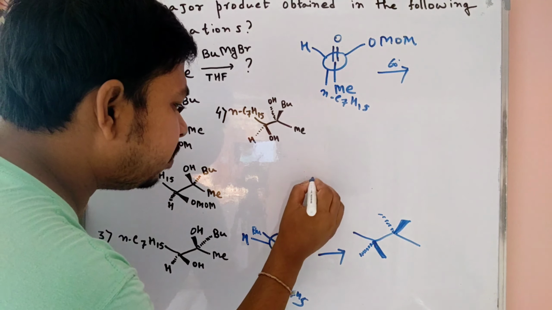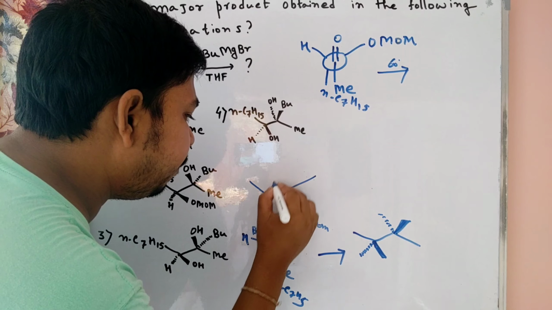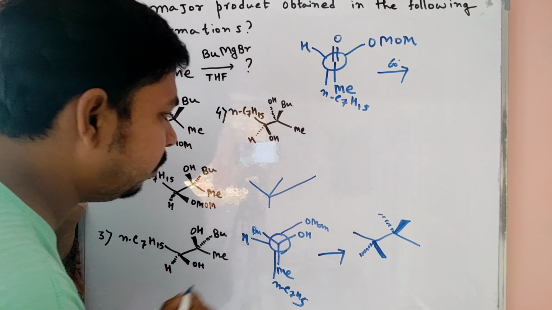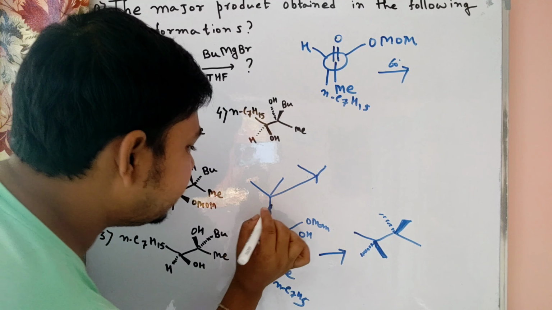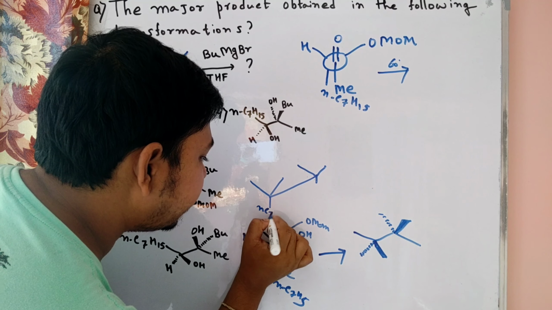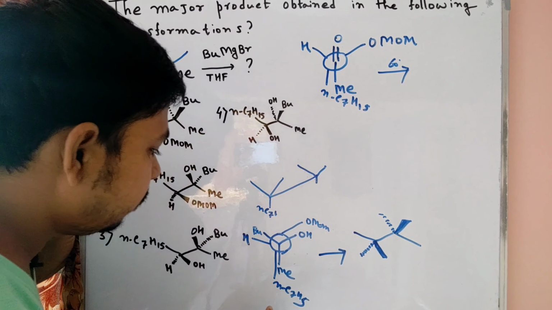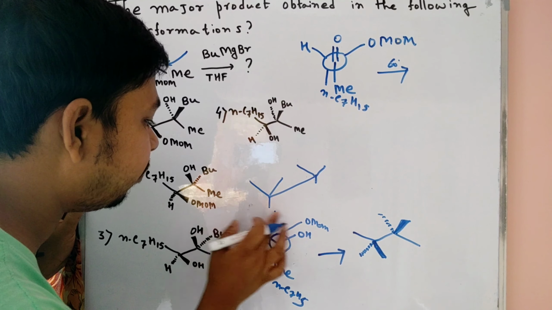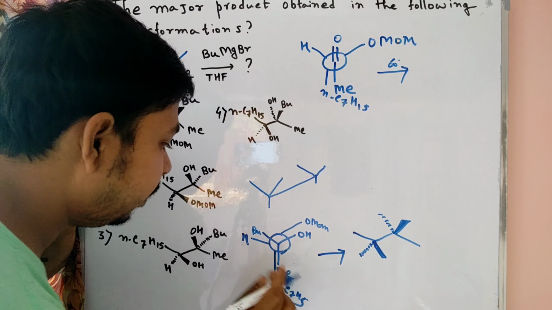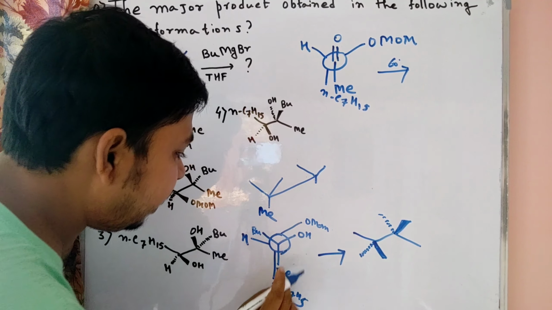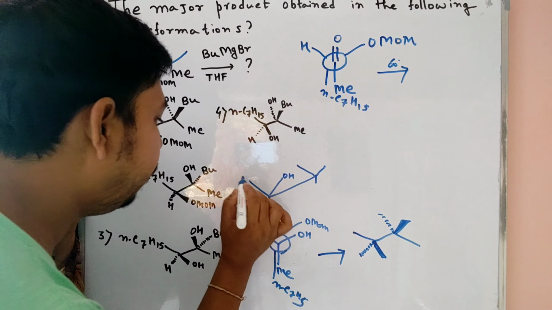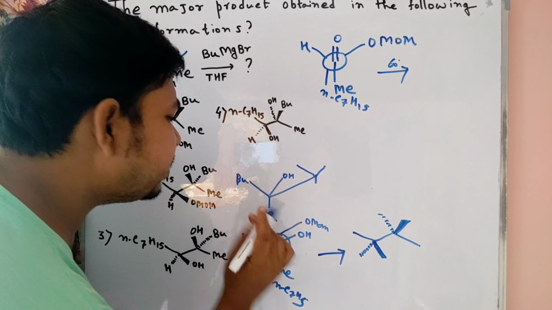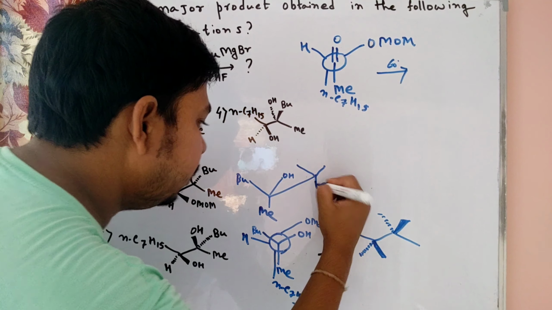From our point of view, when you see this eclipsed form, our NC7H5 is downside. Sorry, this one is our back carbon NC7, and our front carbon, here the methyl group is present, and the OH group is on our right side, and the O butyl group is here. It is a simple conversion of the Sawhorse form.